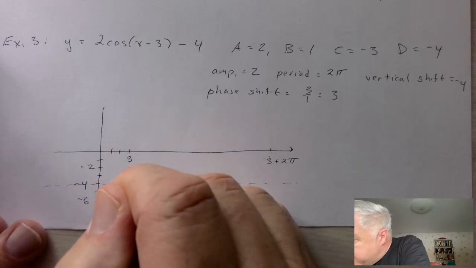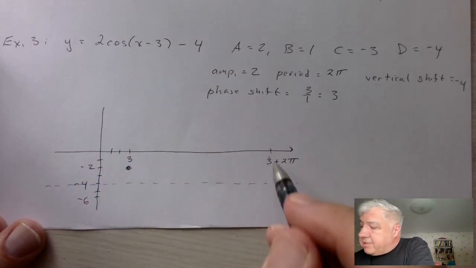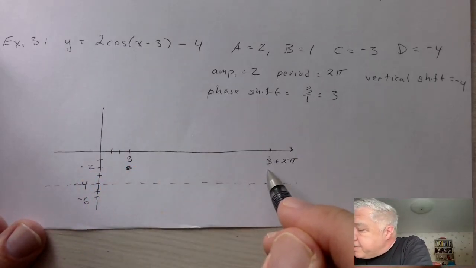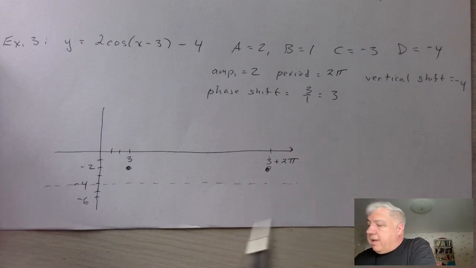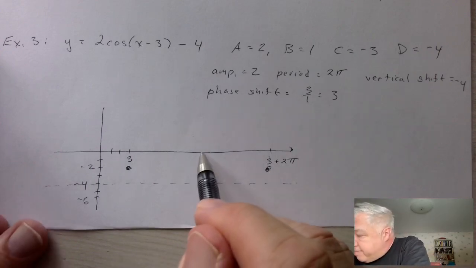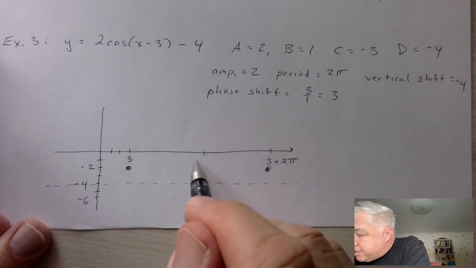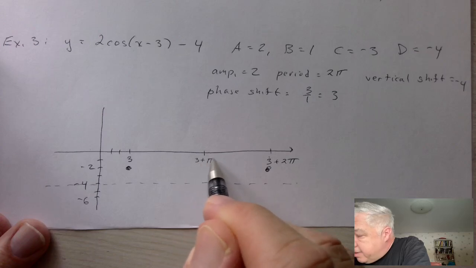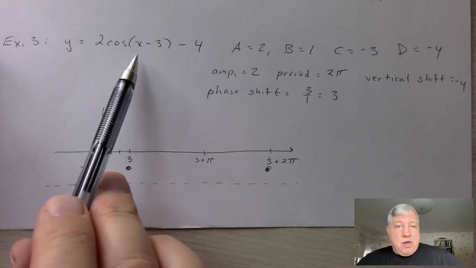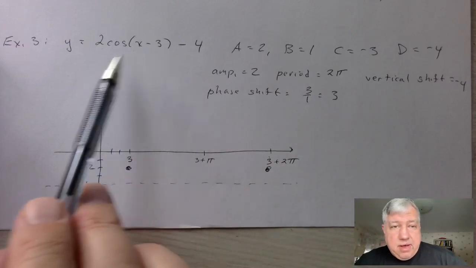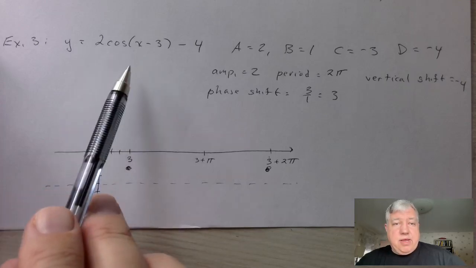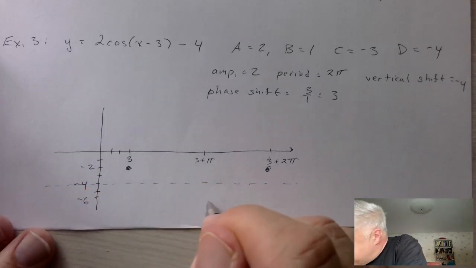So we're at this point. Because it's periodic, we have this point as well. And halfway in between here is 3 plus pi. If you plug in 3 plus pi in here, you get cosine of pi, so that'll be 2 times -1 minus 4, that'll be -6.